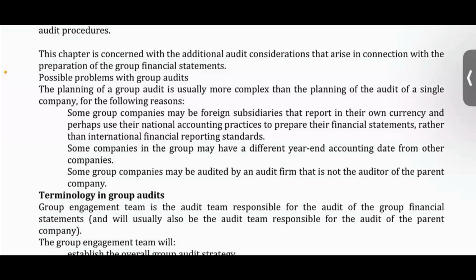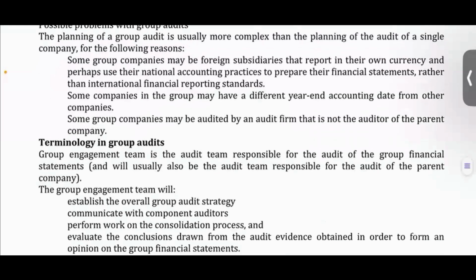Moving on. The next one is that some companies in the group might have a different financial year end. Because of this, even when you are preparing the group accounts and the subsidiary has a different financial year end, you have to be thinking about how to prorate and all of that.